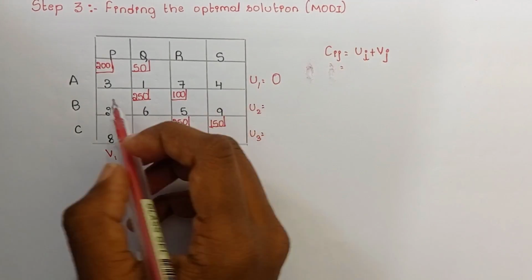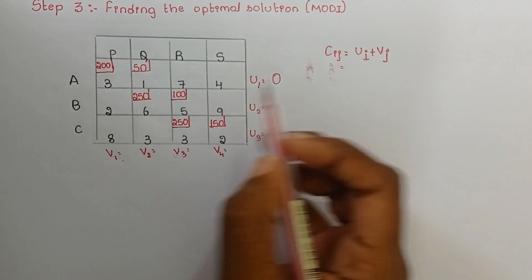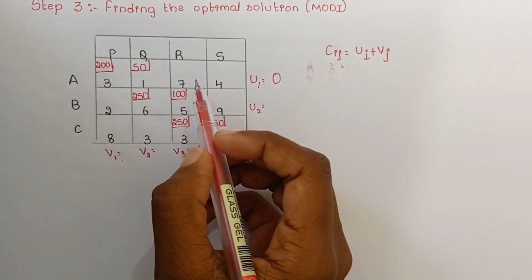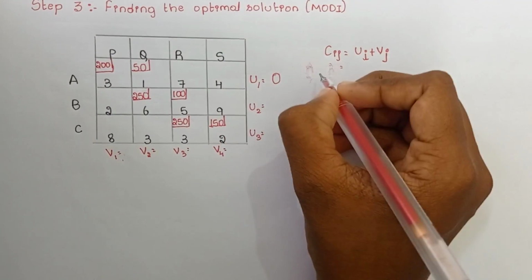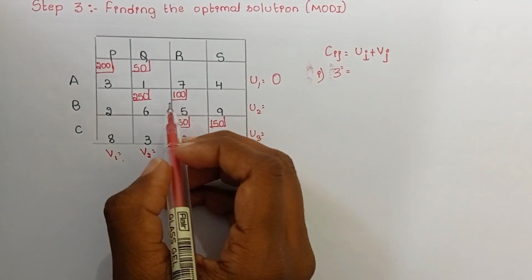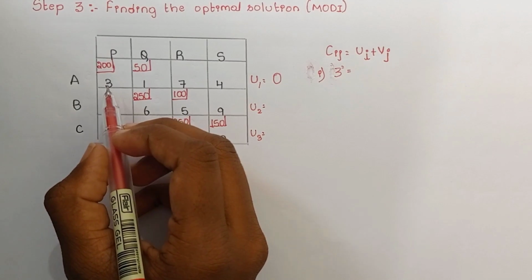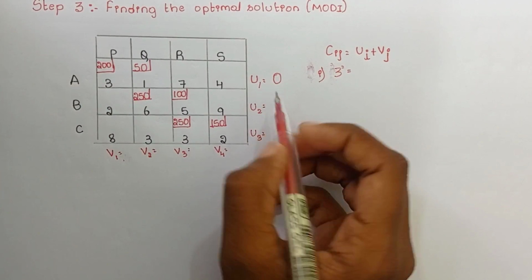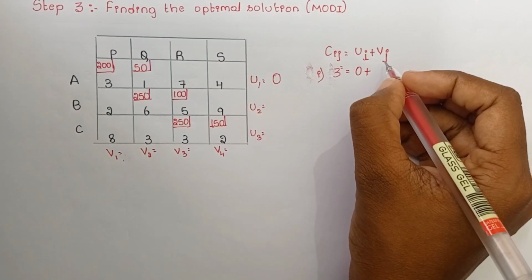So let's compute this Cij formula. As I said, Cij is the values inside the matrix. In this row, the first allotted cell is 3. So 3 is equal to Ui plus Vj. The U value for 3 is this one, so I write 0 plus Vj.